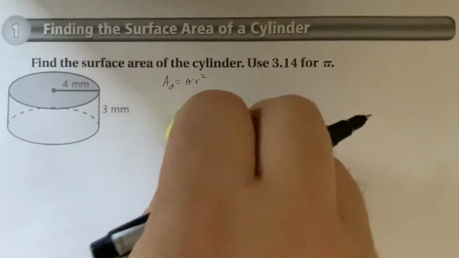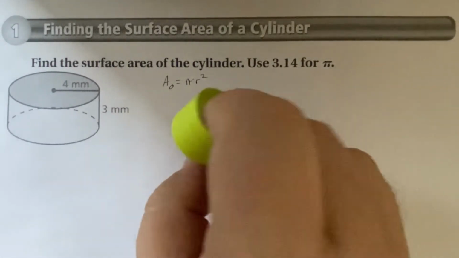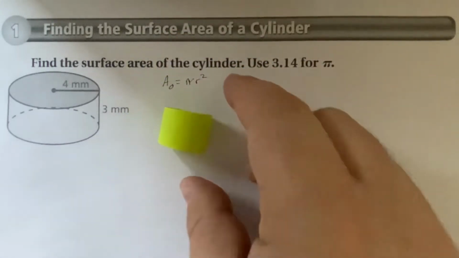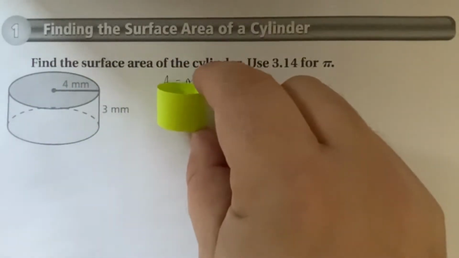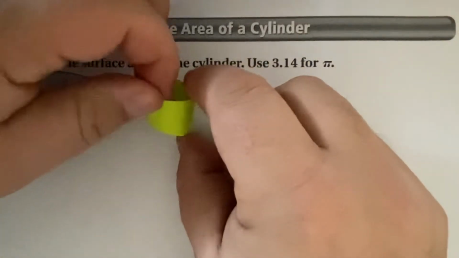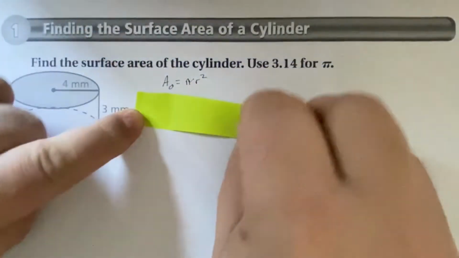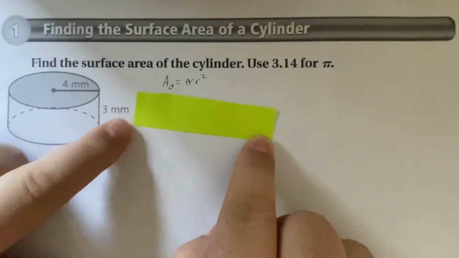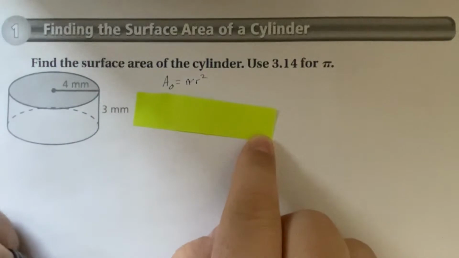So I have a little bit of a visual here that this could be easily a cylinder. It just doesn't have a top or bottom, but it's the same idea as this cylinder. So pretend it's just like that one. What happens when we cut this is, let's say we cut it right there, and we can roll it out, and we can realize that the shape that would actually be this middle band is a rectangle.